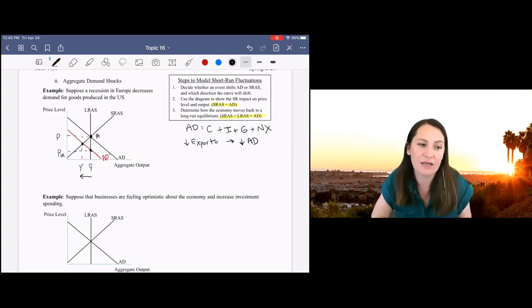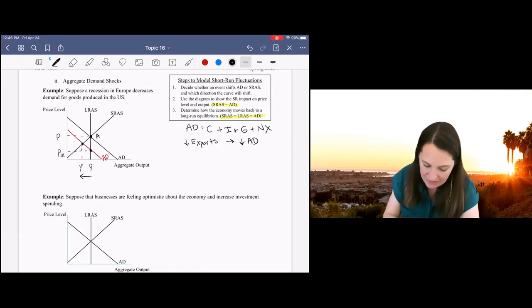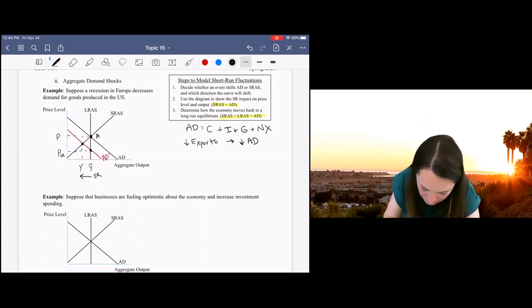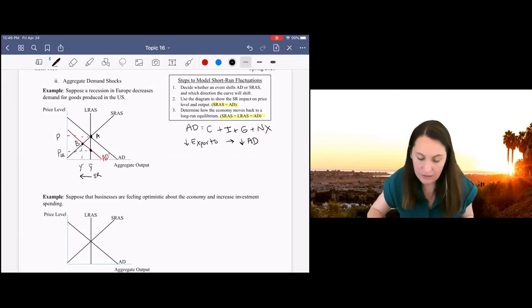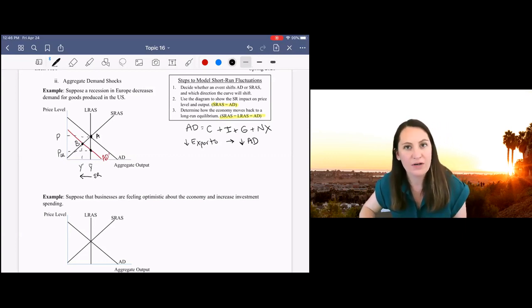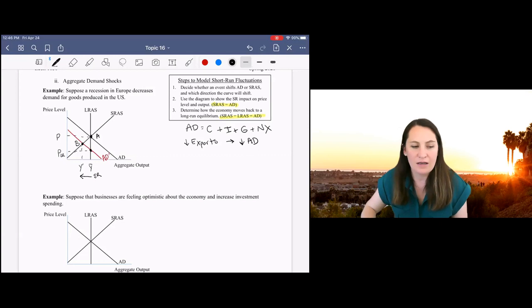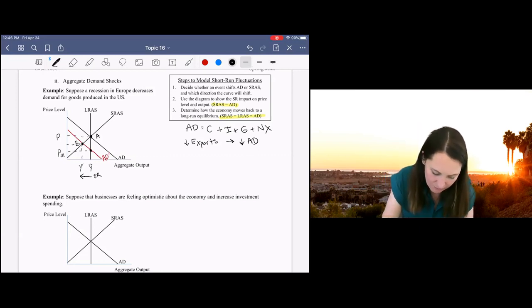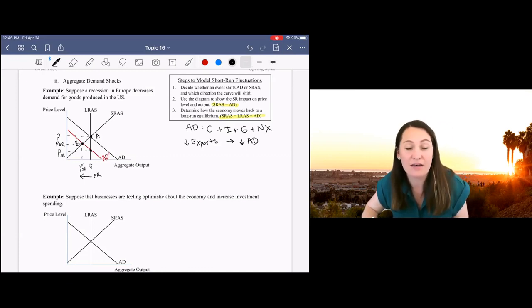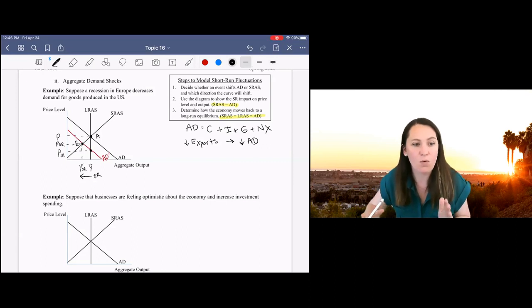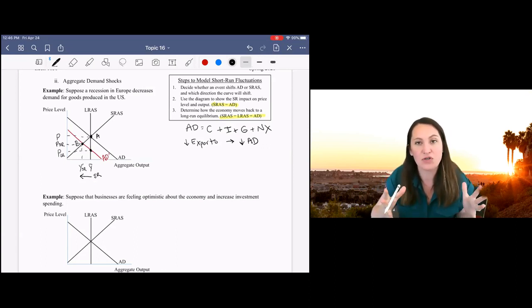And so here in the short run, because of one of those market imperfections, people misinterpret prices, they can't adjust their wages or prices downwards. We're going to have a contraction or a shrinking of output, even though our overall productive capacity has remained the same.